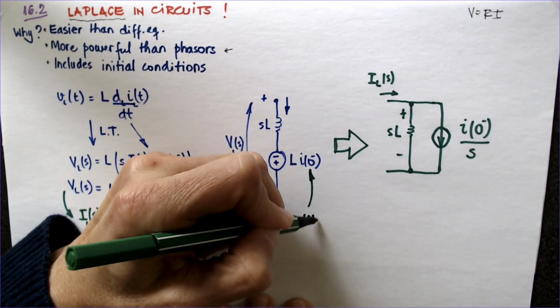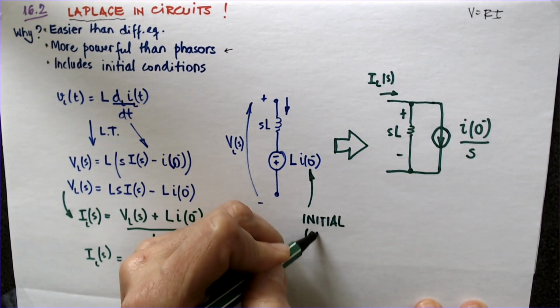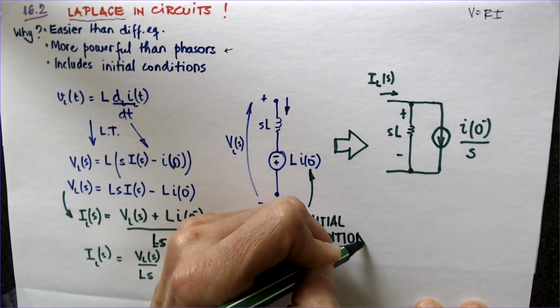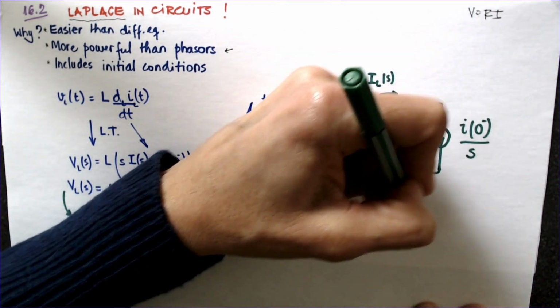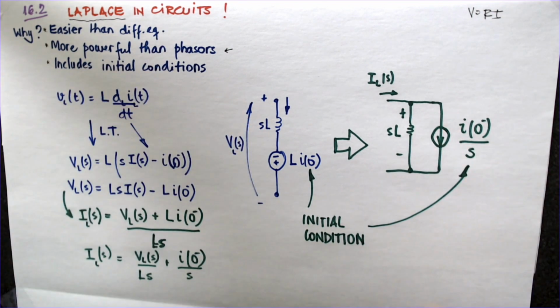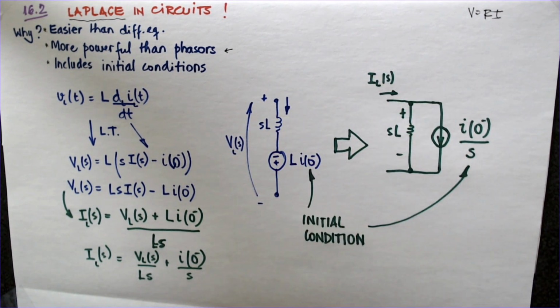So these two circuits are going to be used when we draw Laplace circuits with initial conditions. So if the initial condition had been 0, those two power supplies would be gone, either open or shorted, depending on if they were parallel or series.